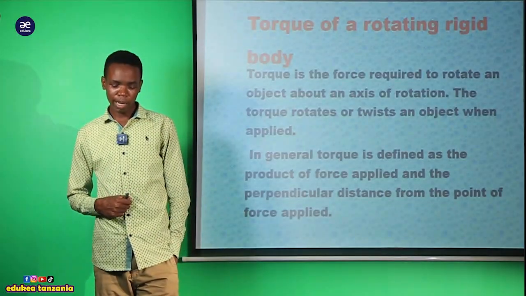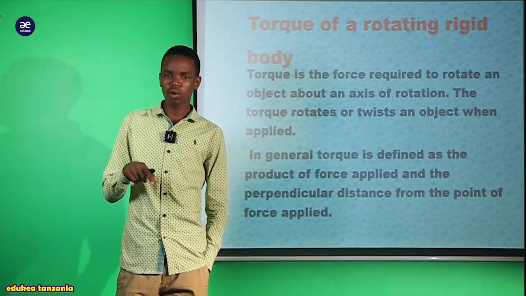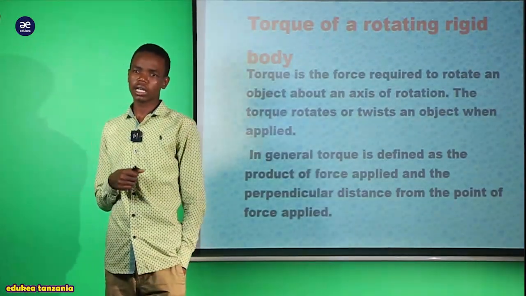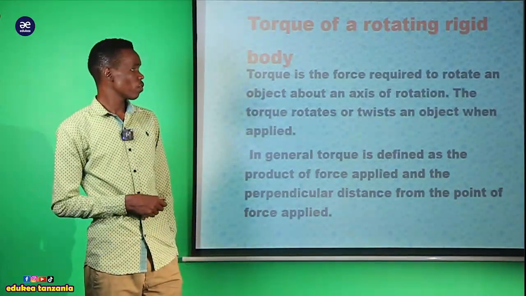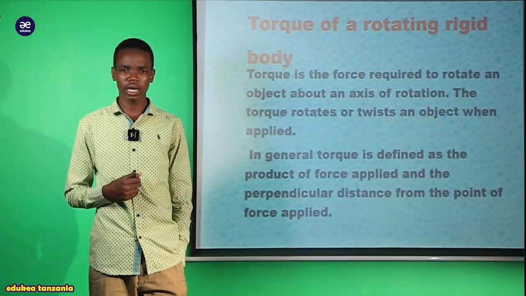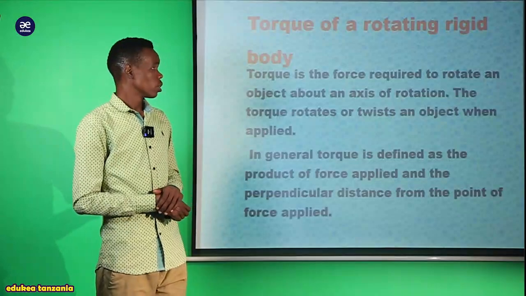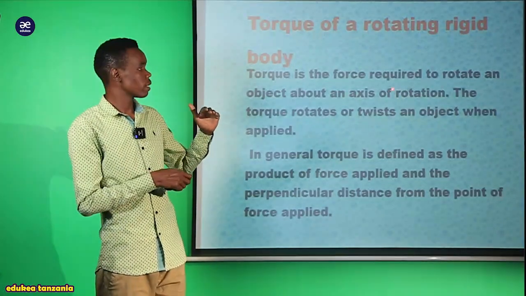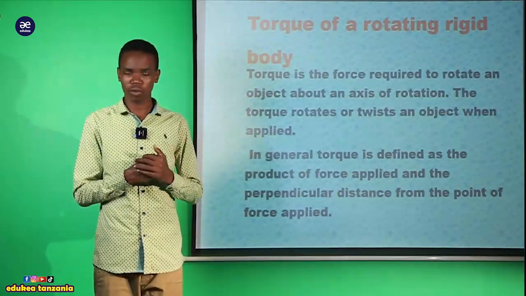Now, we can imagine that we have a body, and that body tries to rotate on an axis and produce the torque. How can we get the torque? That is what we are going to see. First of all, let us see the introduction about the torque. When we talk about the torque, this is the force required to rotate about an axis of rotation.